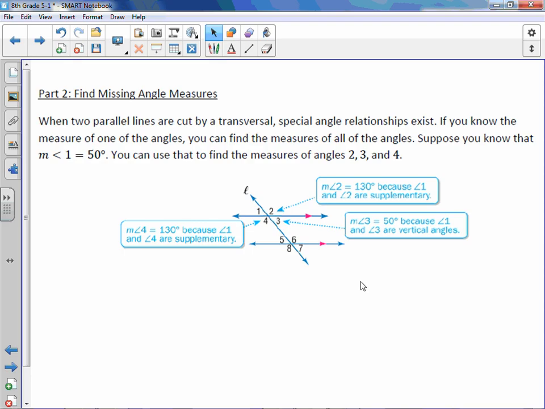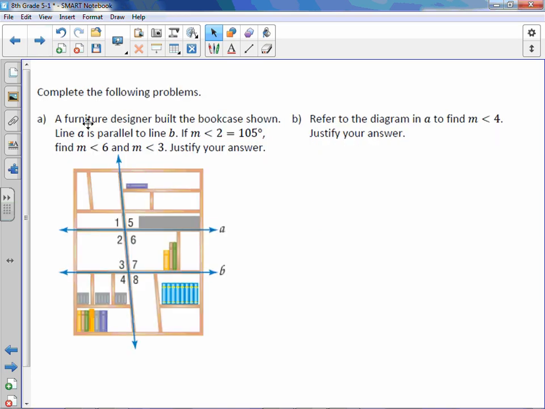And supplementary means they add up to 180, they form a straight line. So 1 and 2 are supplementary, 2 and 3, 3 and 4, 4 and 1, similarly 5 and 6, 6 and 7, 7 and 8, 8 and 5. Those are all pairs of supplementary angles. We can use all of these relationships to find missing measures.